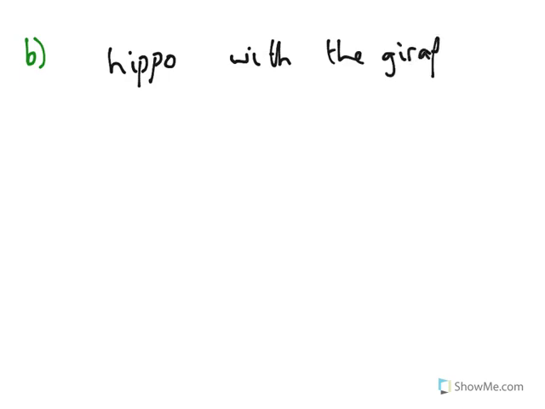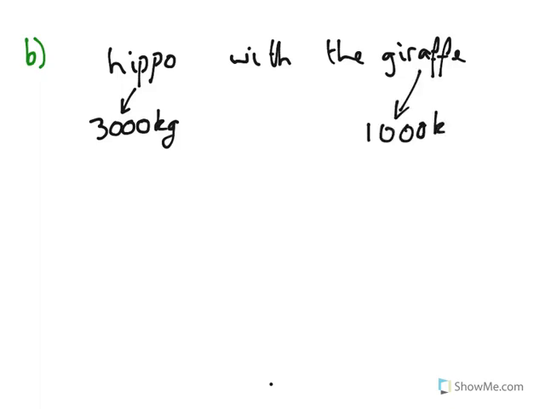Let's continue then. We now have part B, where they want to compare the hippo with the giraffe. Well, we know that the hippo weighs 3,000 kilos and the giraffe weighs 1,000 kilos.